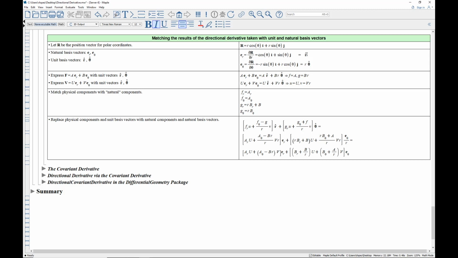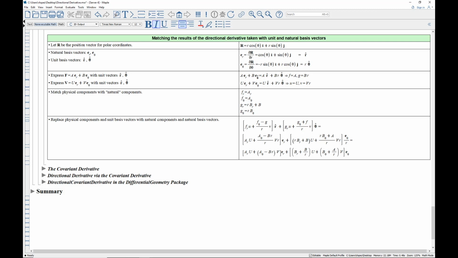So the caret, standard notation for unit vector. E theta is natural, differentiate with respect to theta. Pick up an r here and an r here. So it's r times the unit vector.